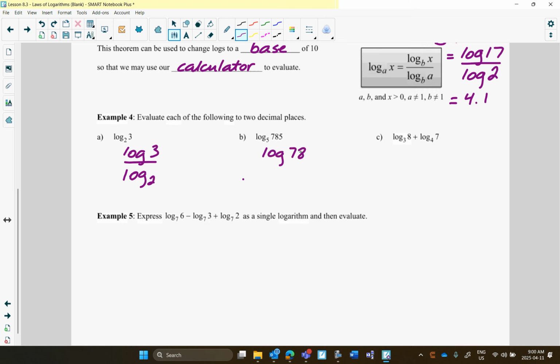So I have to take the log of 785 divided by the log of 5. This one, I can't do either of these mentally. I can't combine them because they're different bases. So I've got to take each one, write it as a division, do each one on my calculator, and add them. Like so.